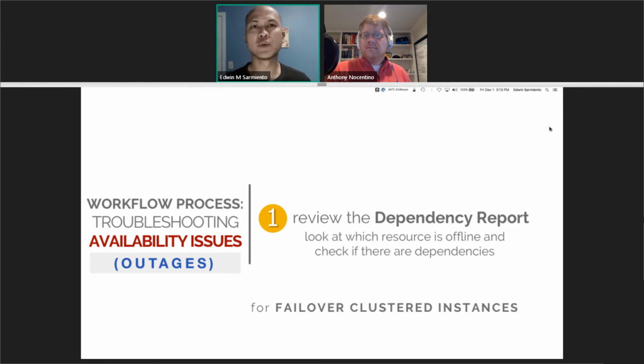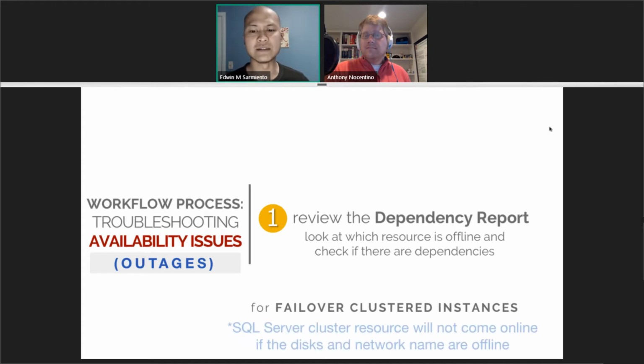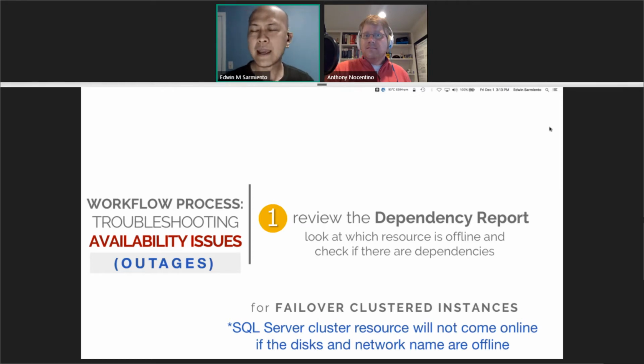For instance, if you're dealing with a failover clustered instance, ask yourself this question when you look at the dependency report: is the failover clustered instance network name online? If it is online, you're good. But if it is not online, let's say it's offline, don't spend your time trying to fix issues in terms of SQL Server. There's nothing wrong with SQL Server.